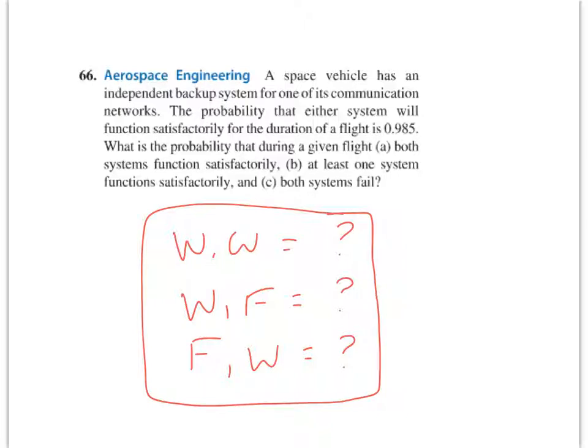So if you remember, our answer for C was 0.000225. So basically, if you only need to have one to work, you have a 0.999775, I'm doing this in my head here, I think that's right, chance that at least one of them works.